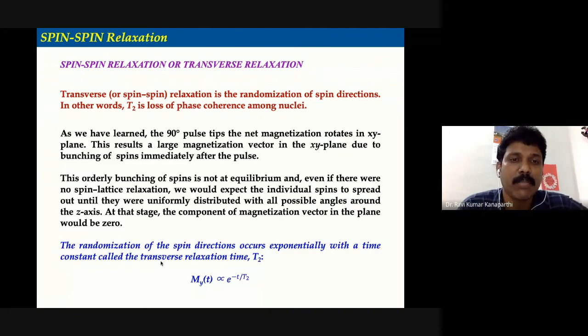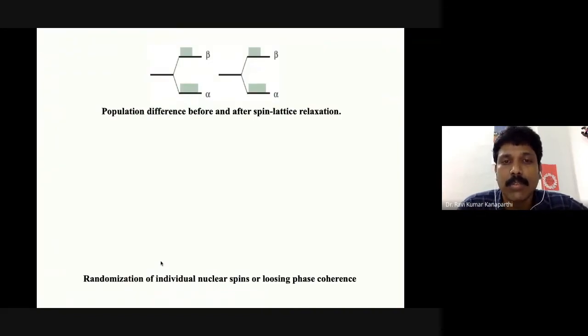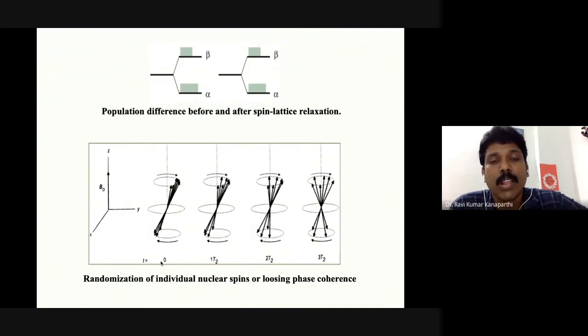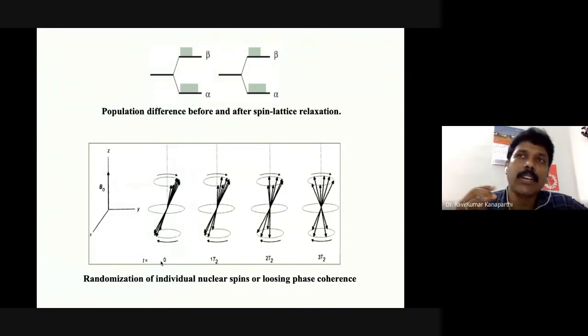What do you mean by randomization? To understand this, you have to go back. At the resonance condition, even though I have shown the net magnetization vector, in principle we don't have one particular thing. You will have so many spins, rotating together like a bunch after applying the radio frequency.